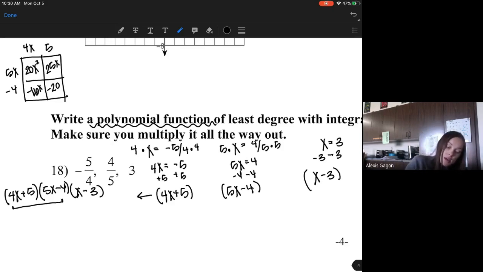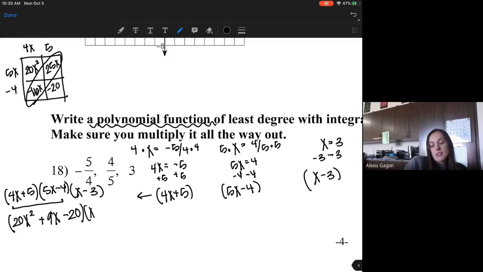Combine all that, you get 20x squared, and 25x minus 16x is 9x, minus 20, multiplied by x minus 3. Then I just need to multiply these two together. Again, I'm just going to use a box.